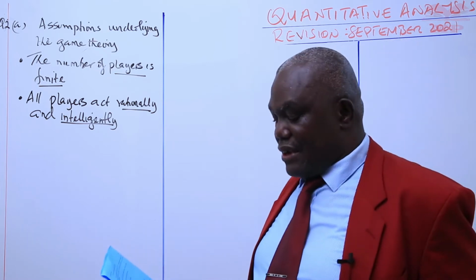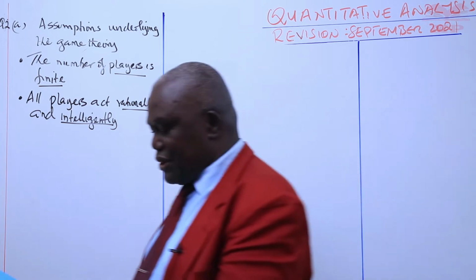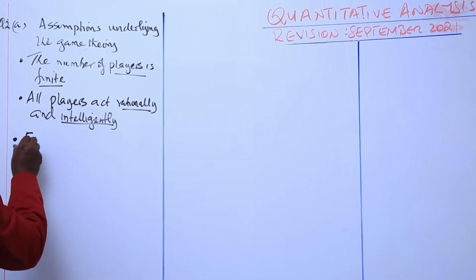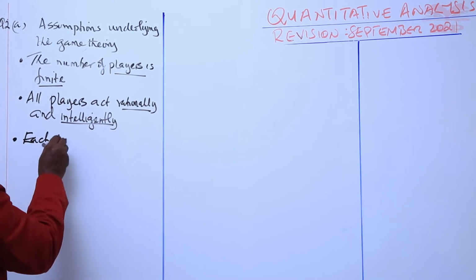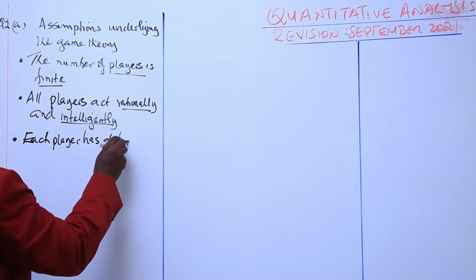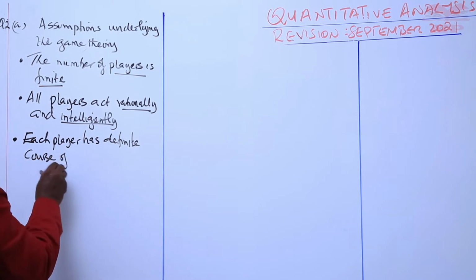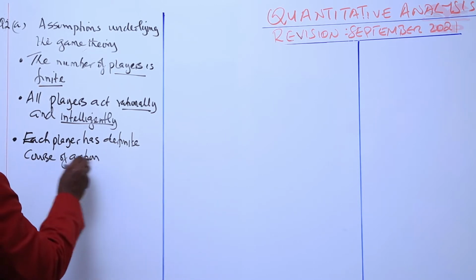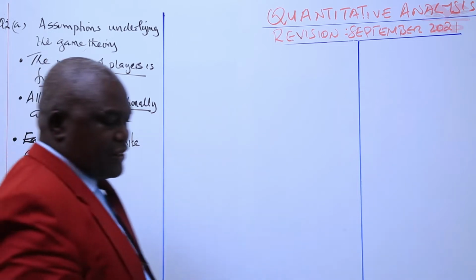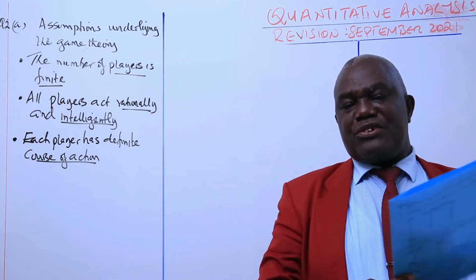Number 3, each player has a definite course of action. When you talk about course of action, it simply means the strategies. If you are in football, what are your strategies?